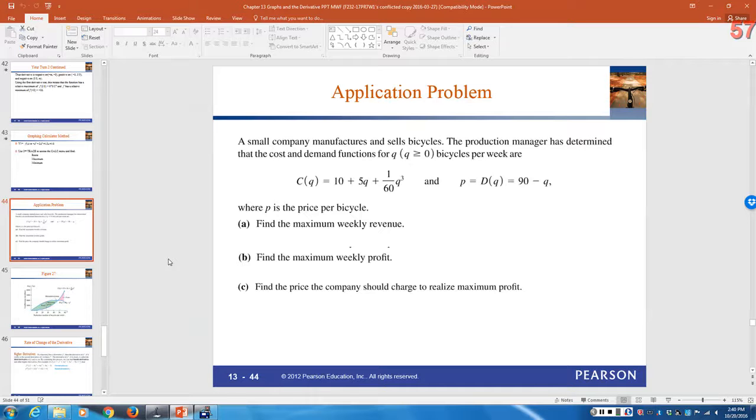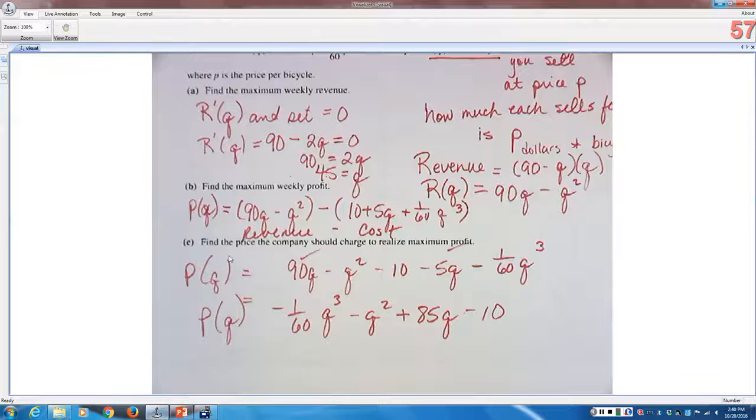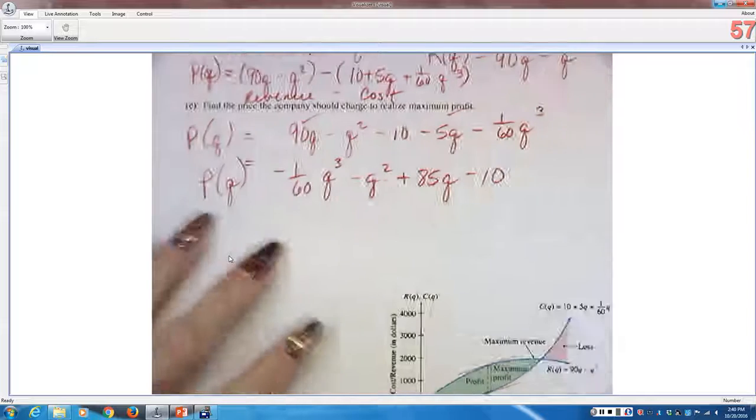So here's your profit function. And again, it's revenue minus cost.